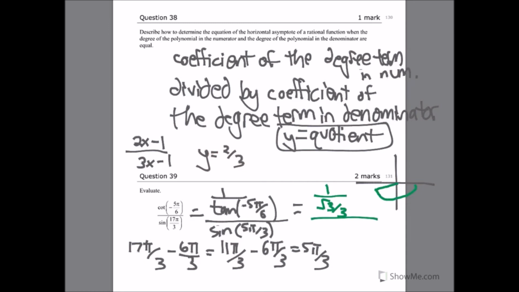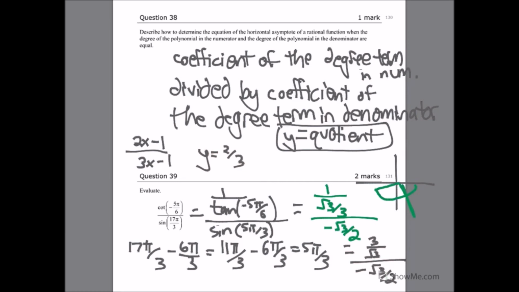And sine 5 pi over 3 is going to be right here, which is negative root 3 over 2. So if we simplify this, 1 over a fraction you can just flip, so it's 3 over root 3 all over negative root 3 over 2.